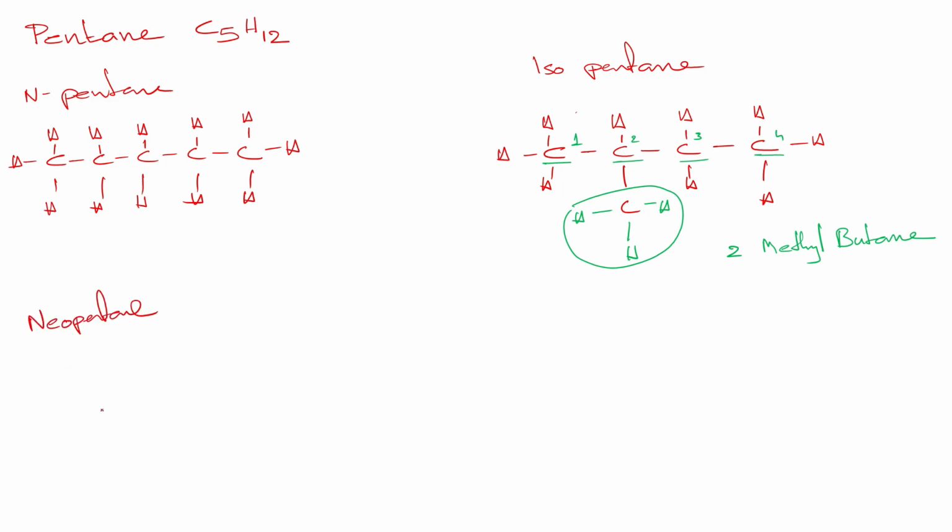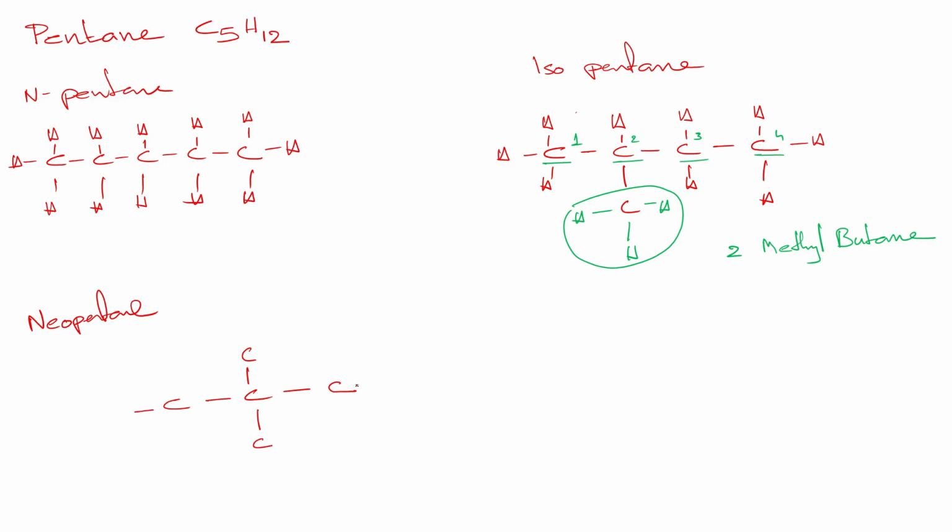Another isomer of pentane is neopentane. Here we write 3 carbons in the main chain, carbon, carbon, and carbon, with 1 carbon provided here and another carbon provided here.